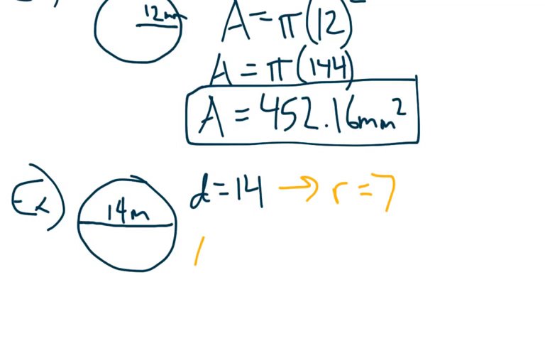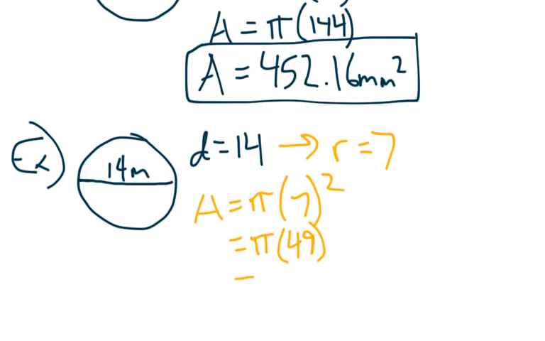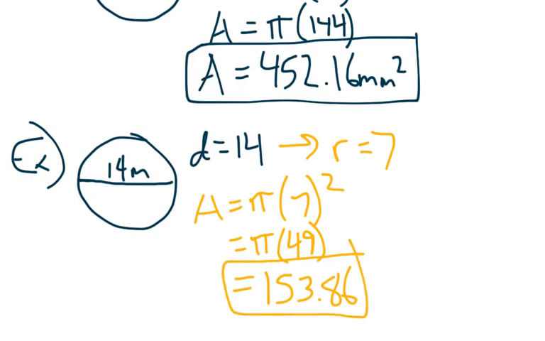After that, it's the same thing we just did. So area is equal to pi r squared. But instead of saying r, we'll say 7, and we'll square that. So we're looking at pi times 49. And when we crunch those numbers, we end up getting 153.86, and that would be meters squared, given our unit.